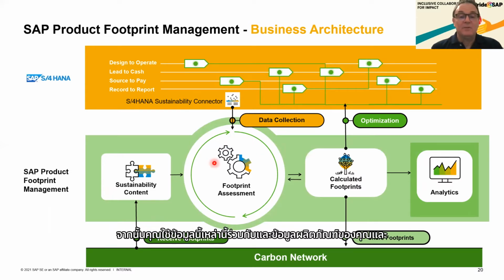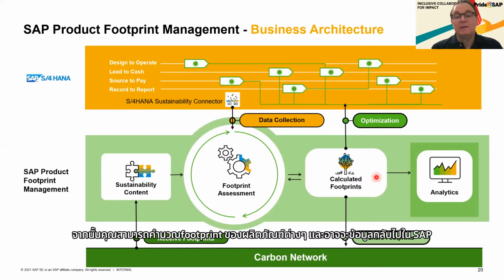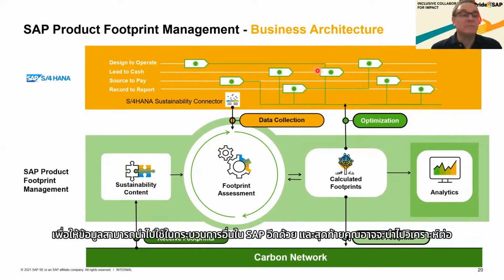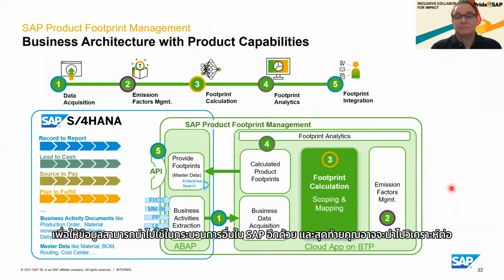You then assess that with your product information and calculate the footprint of a specific product. Then you push that back into SAP so that the data can be used in the other SAP processes. And lastly, you want to be able to do analytics on that.